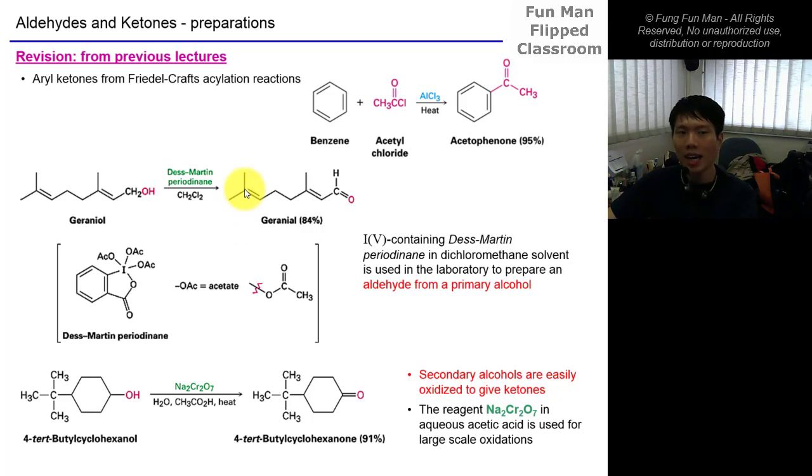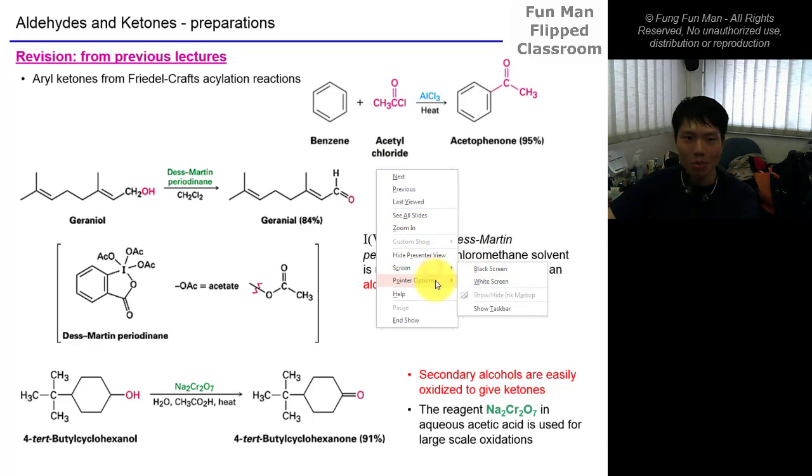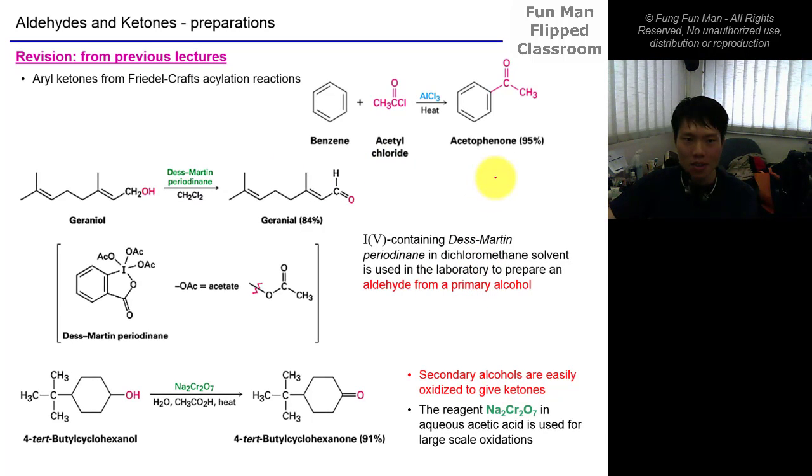Now, we introduce another molecule here to prepare aldehyde. It's called the Dess-Martin periodinane. Now, pronounce it properly. I know that some people like to call this pyridinane, but actually the name comes from the molecule. You see here, this is the DMP in short. There's an iodine here.